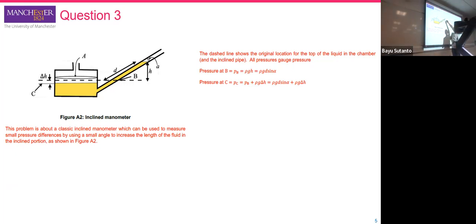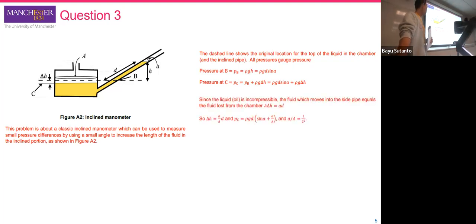This one is for the pressure from this point to this point, and this one is to calculate the pressure at level C based on the pressure at P. The pressure at C will be equal to pressure P plus, because it is in the downward direction, rho g delta H, because the distance between P and C is delta H. If we substitute everything, we will have pressure at C equal to rho g l sine alpha plus rho g delta H.